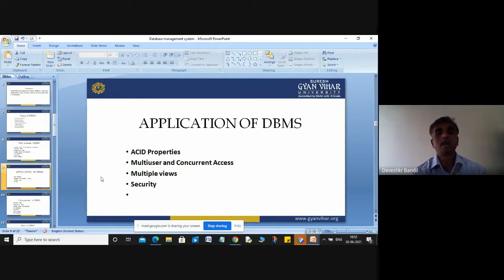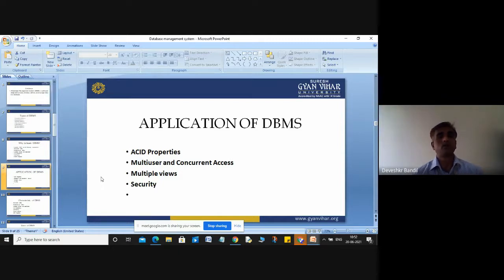These are all the applications of your DBMS. ACID property: ACID means your DBMS follows the concepts of atomicity, consistency, isolation, and durability. That's why I have told ACID properties.